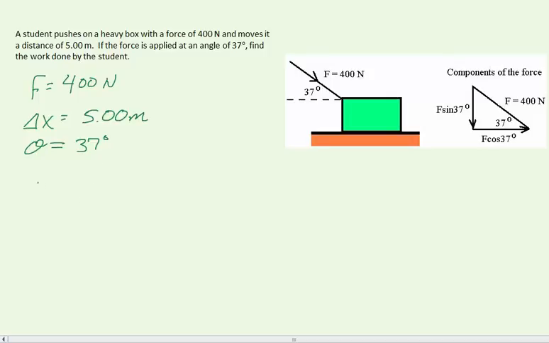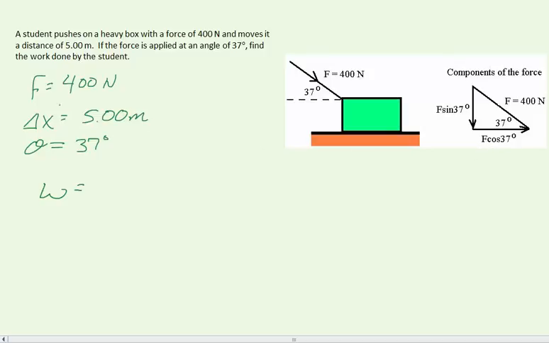So we know work is defined as our force times our displacement. Since we have two components of force, the component we'll have to use is the one parallel to the direction of our linear displacement. We see that the force applied in the linear direction is summarized in our figure to the right, where we have force times cosine of our angle applied.